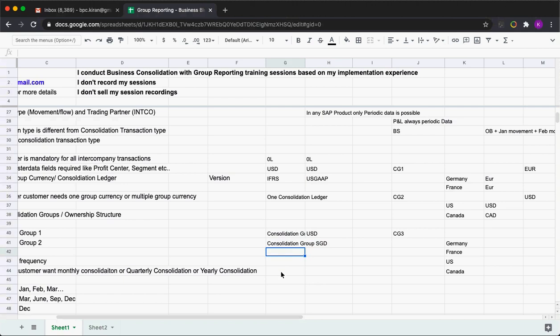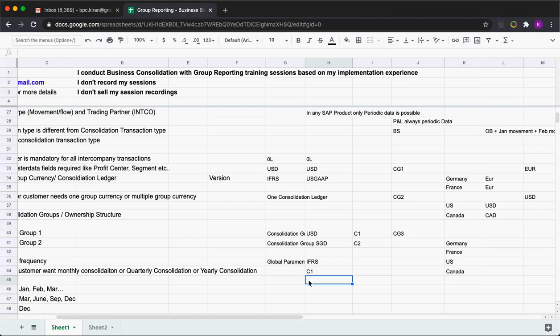So when you are selecting the global parameters, this is consolidation ledger 1 and this is consolidation ledger 2. When I want to do the consolidation in group currency USD, I will select the version as IFRS and the ledger as C1.